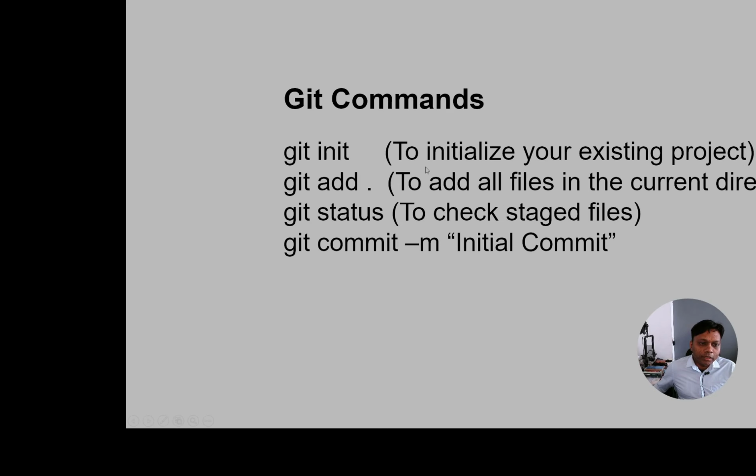It's git init to initialize your existing project, then git add dot, which will basically add all the files in the current directory, then to check git status, which will give you all the staged files which have been added using the first command, and then you type git commit -m initial commit. This is the first time that you commit. After that, every time you commit, you just put your own comments over here. So this is how you will basically track and add the Git locally.